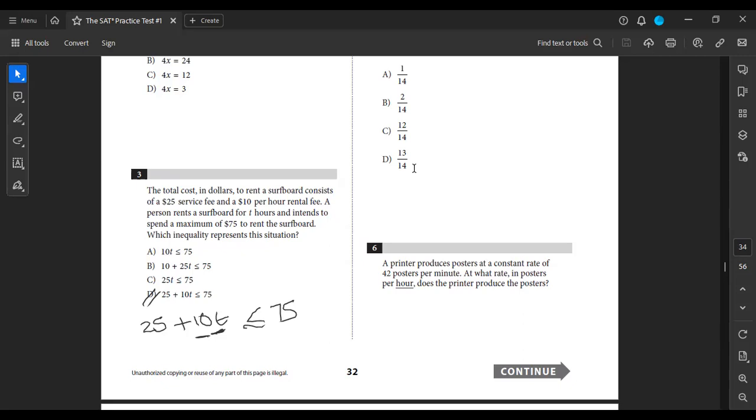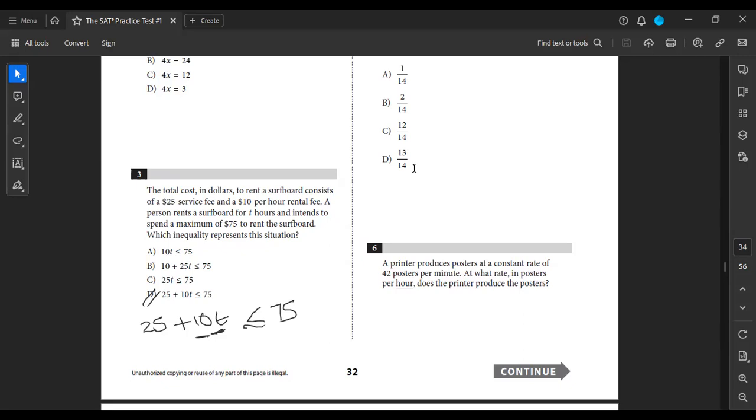So, for example, we have $25, which is a service fee, right? And then the charge is $10 per hour. If we only rented the surfboard for 1 hour, we're only going to pay $10 for that 1 hour, and of course the service fee.